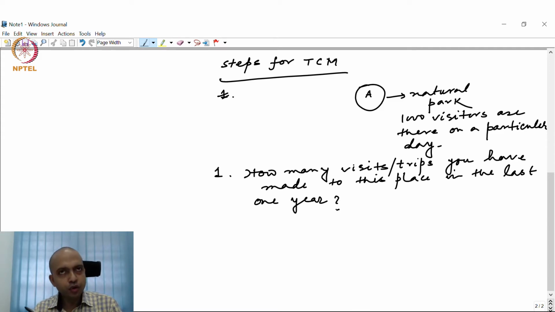For example, we'll go to the ith visitor and ask, you have come to visit this place, can you please tell me in the last 1 year how many more visits you have made? Let's say the individual i says Vi. Vi is the number of trips or visits that the particular visitor made in the last 12 months.